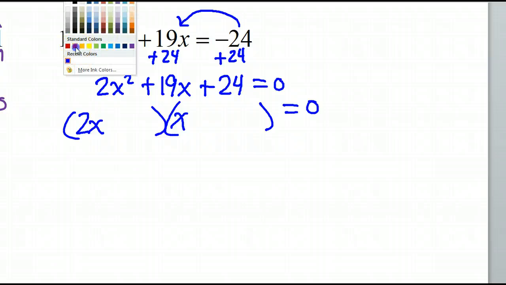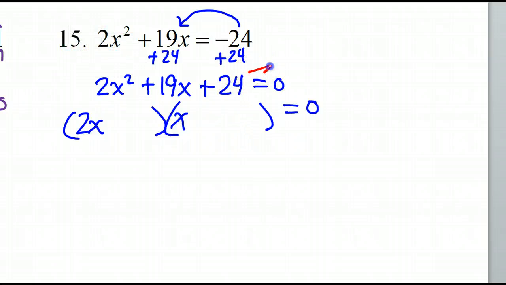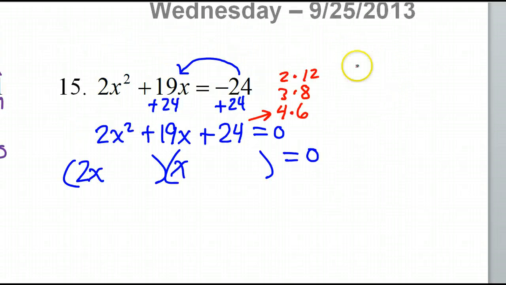Now, looking at the 24, it's either going to be 4 times 6, or 3 times 8, or 2 times 12, or 1 times 24. Okay, 24 has a lot of factors to it. So, normally I just start from the bottom, the two closest together.